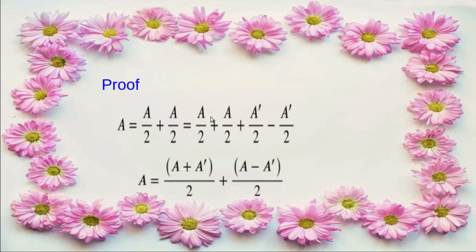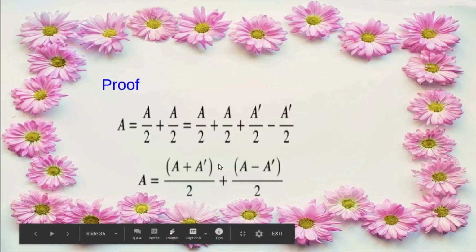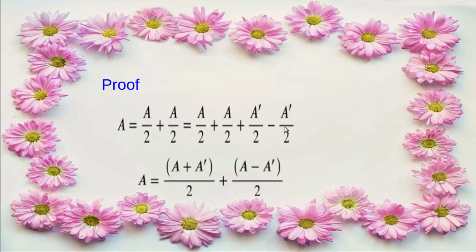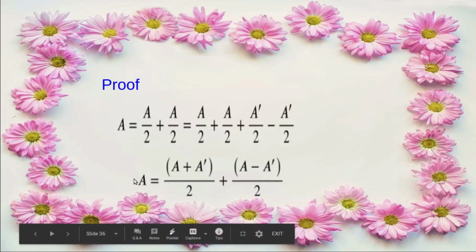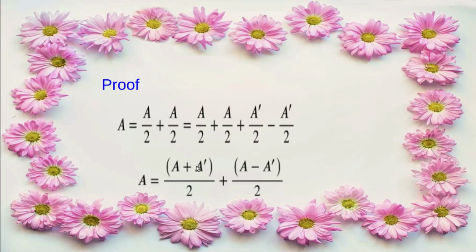Then combine the first and third terms: A by 2 plus A transpose by 2, that is equal to (A plus A transpose) by 2. Then combine the second and fourth terms, we get (A minus A transpose) by 2. So we can write A as (A plus A transpose) by 2 plus (A minus A transpose) by 2.